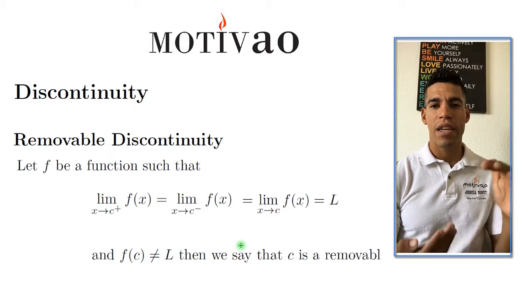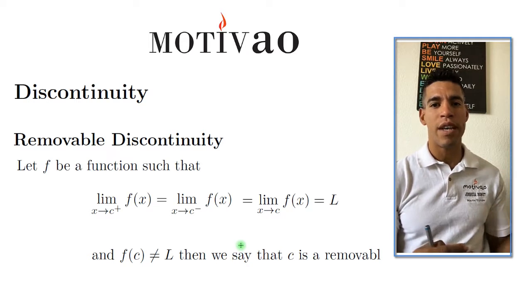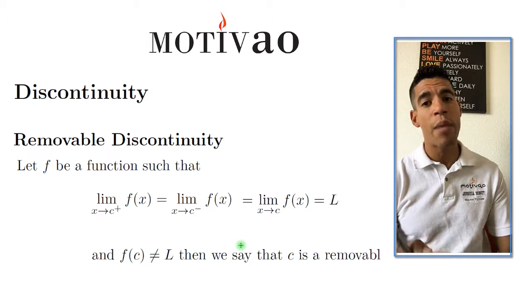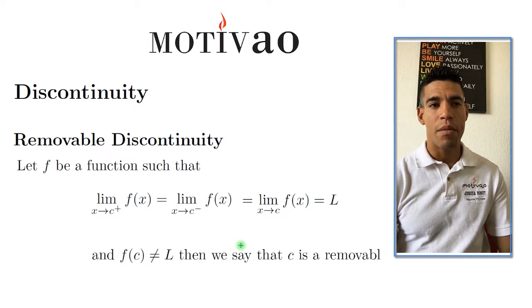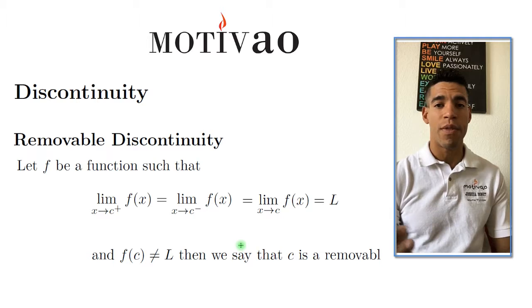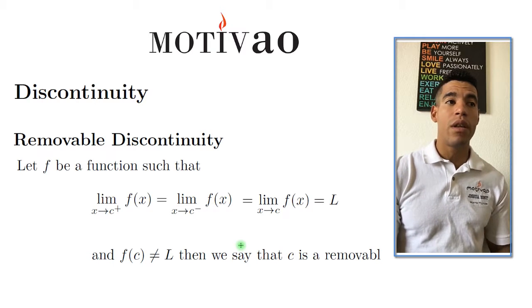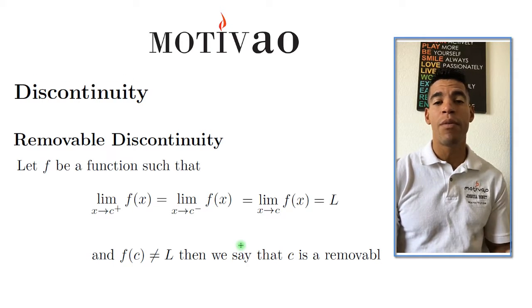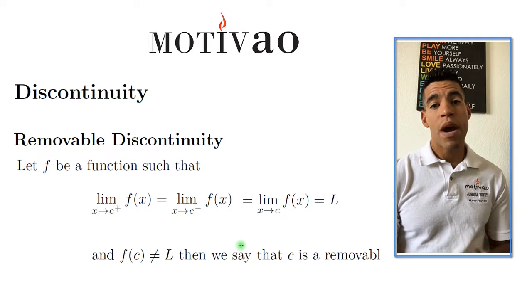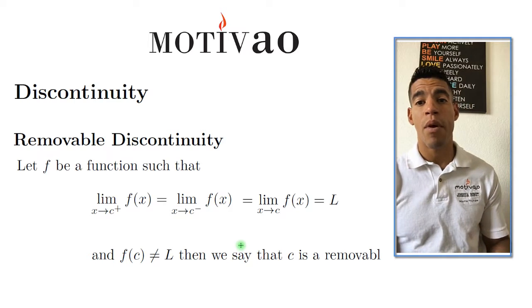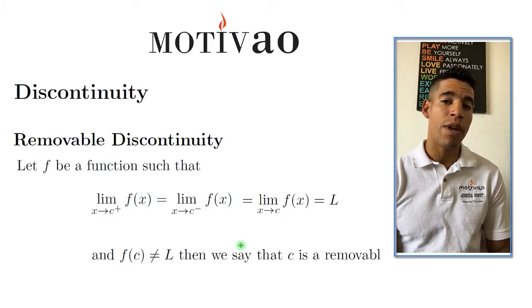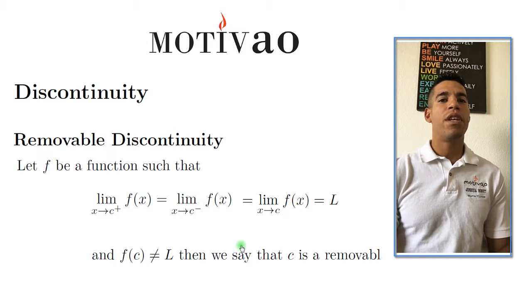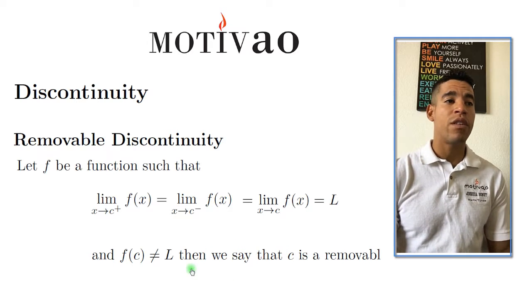It will be a video only for examples, but I want to touch all the topics before I get into them because they're going to be useful. Today we're going to talk about removable discontinuity. Tomorrow, we're going to talk about essential discontinuity. So let's start with the definition of what removable discontinuity looks like.